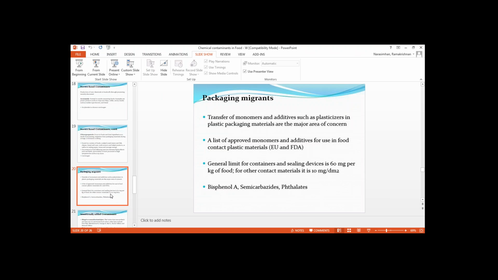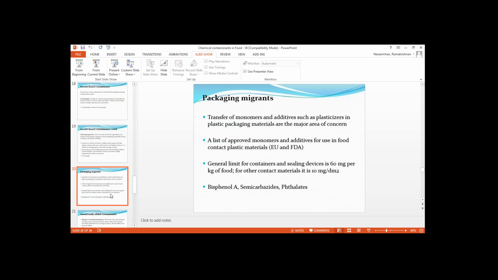Well, something about packaging materials. There is a risk with any packaging materials that some of the components of packaging materials may be transferred to the food that it is surrounding.